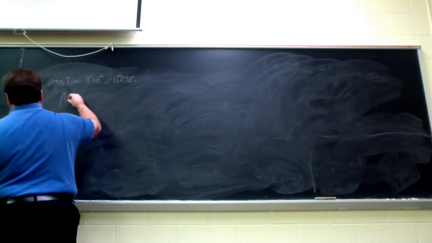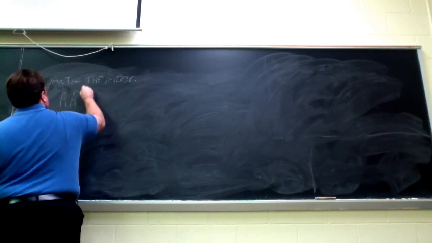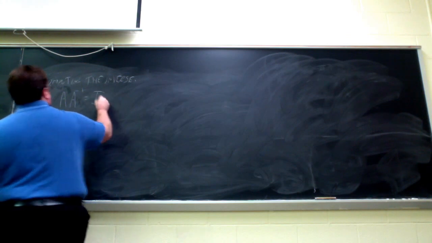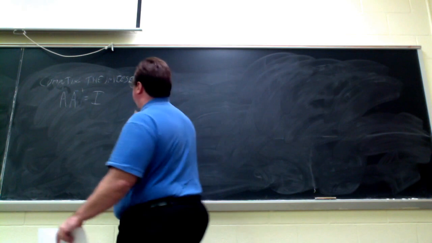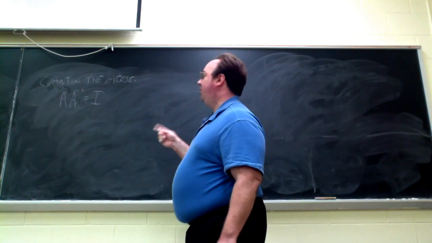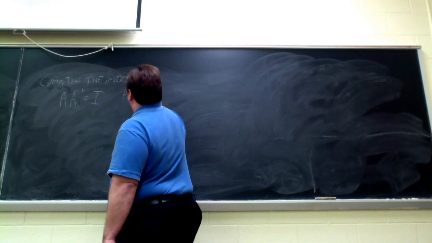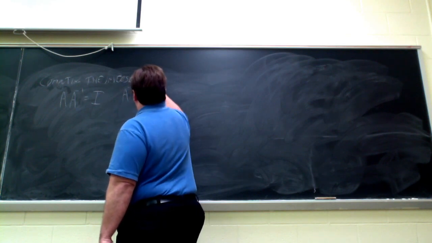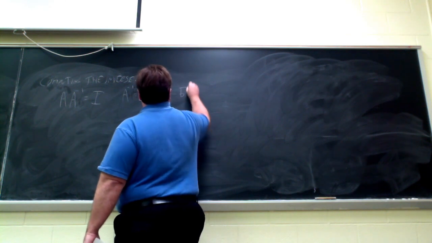So if you look at this equation, A times A inverse is equal to identity. But we consider this matrix equation only one column at a time. So I'm going to let A inverse have a column partition, B1, B2, up to Bn.